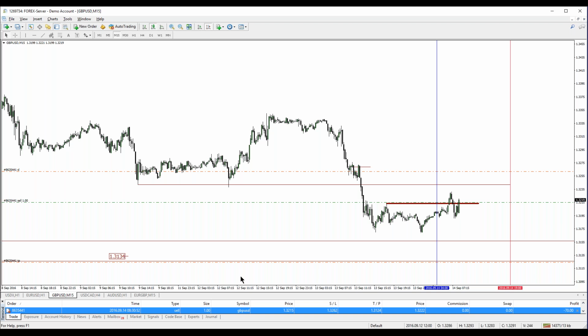You should be able to magnify it. I'm not sure if you're still able to do it. Right now the stop's sitting at 132.62 and take profit is 131.24.